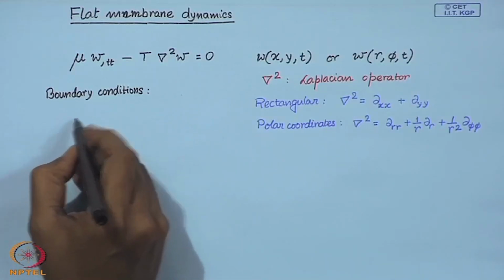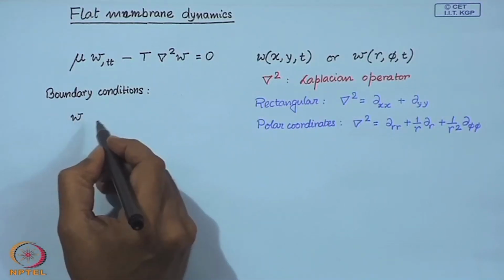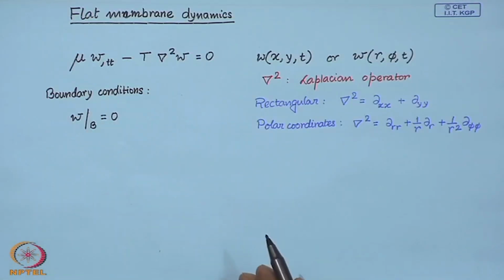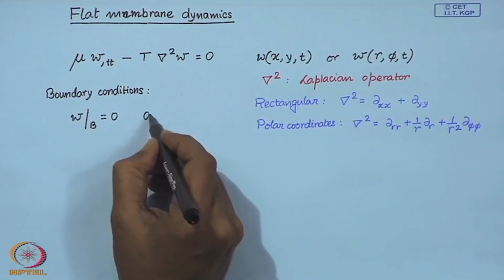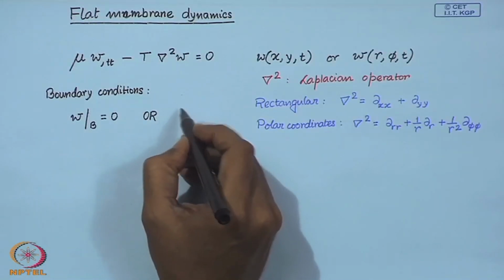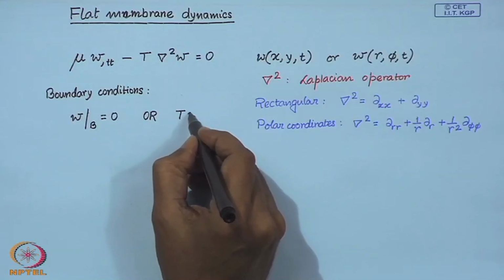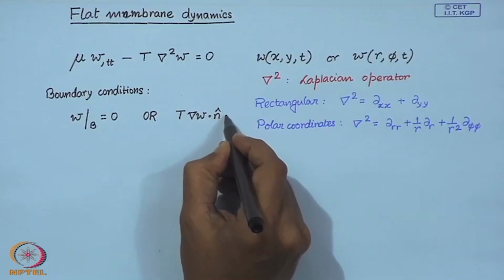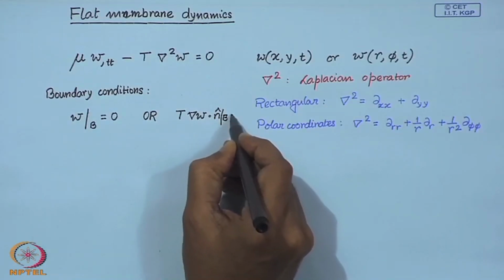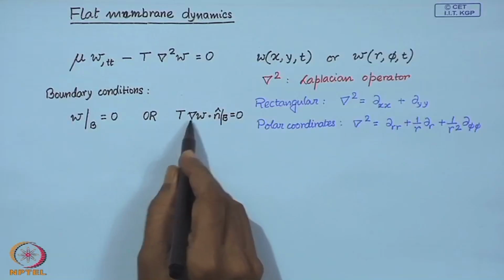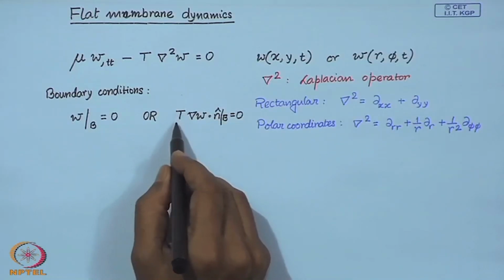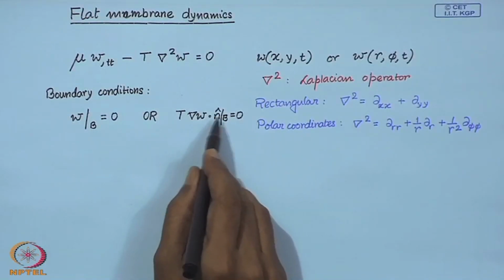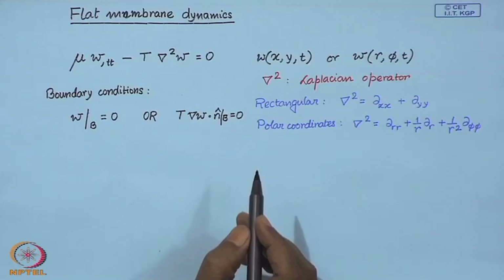So, we can have a fixed boundary or a sliding boundary. So, this is the force per unit length T times the gradient of the field variable dot the unit normal at the boundary.